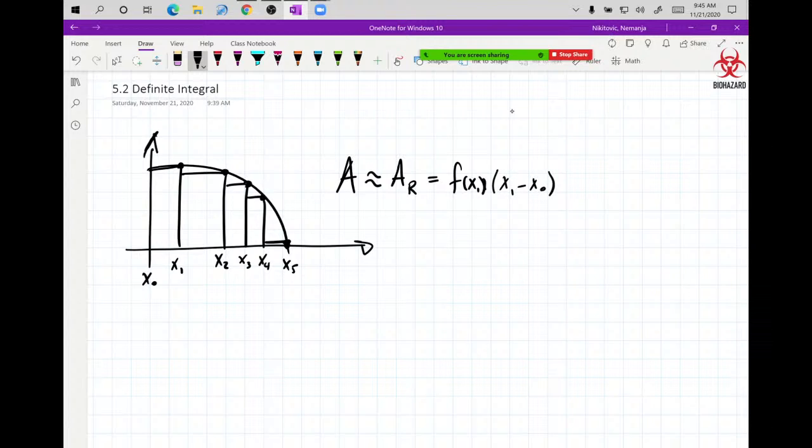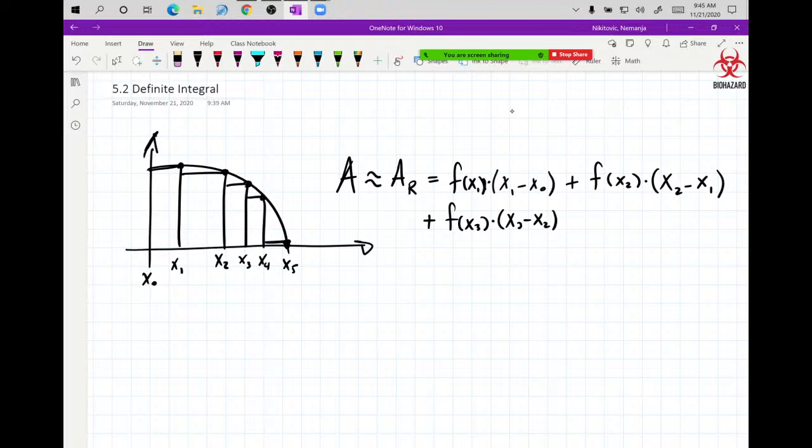Now, as you can see, I can't use delta x because each one is different. So I have to go and compute all of them separately. And I need to have 5 of these. So what I'm doing here is always the height times the width. And that gives me the area of that particular rectangle.